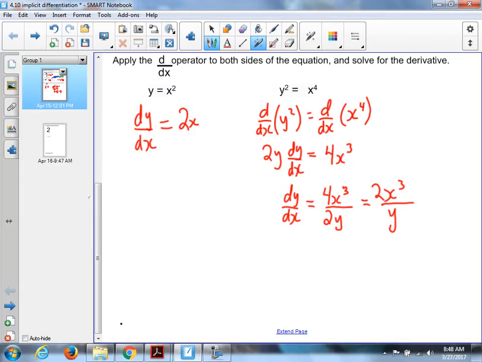You could, and I won't get you to do this right now, but if you solved for this, what would you get? If you took the square root of the left, square root of the right, wouldn't you get y is equal to plus or minus x squared? And then you'd think, well, x squared, I can't get a negative on that. Or could I? Oh, yeah, but you'd have a two-part equation. You get the same thing, y is equal to x squared, and then you'd have a negative.